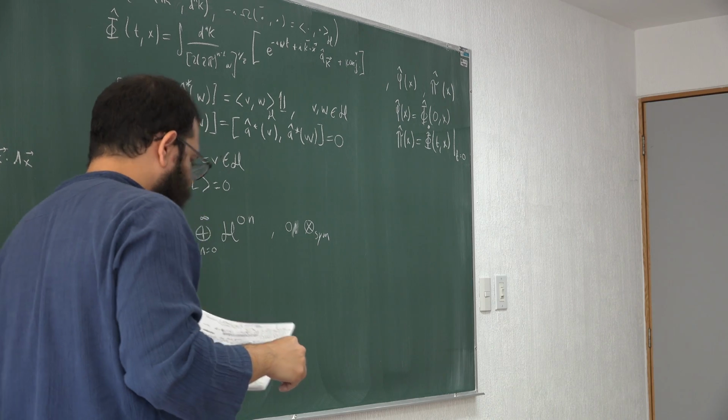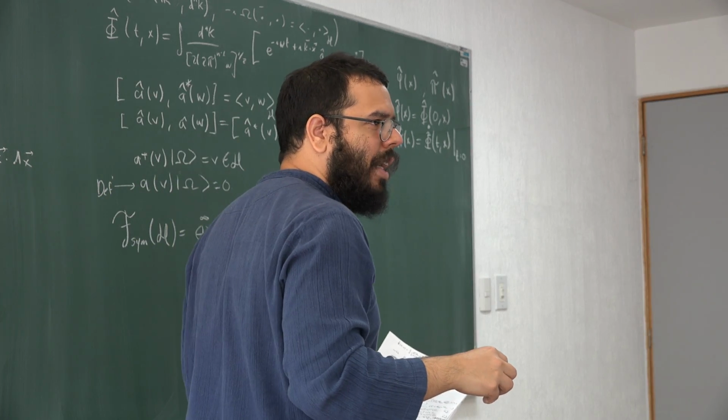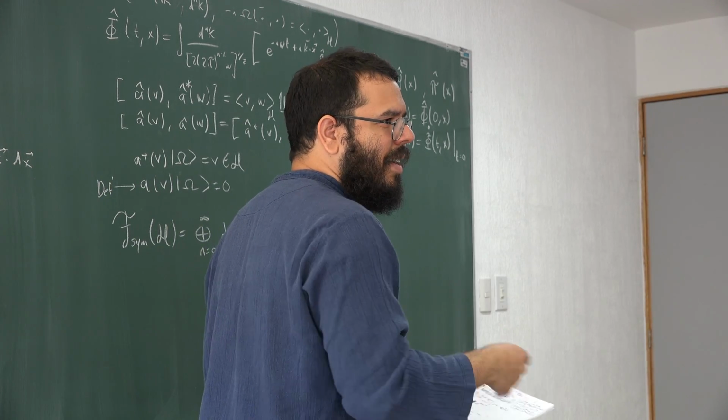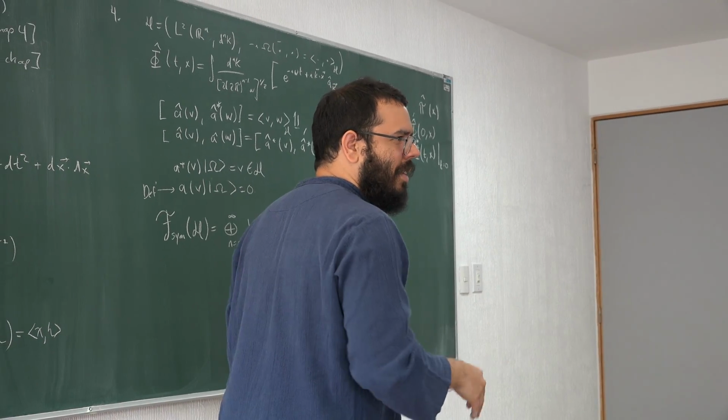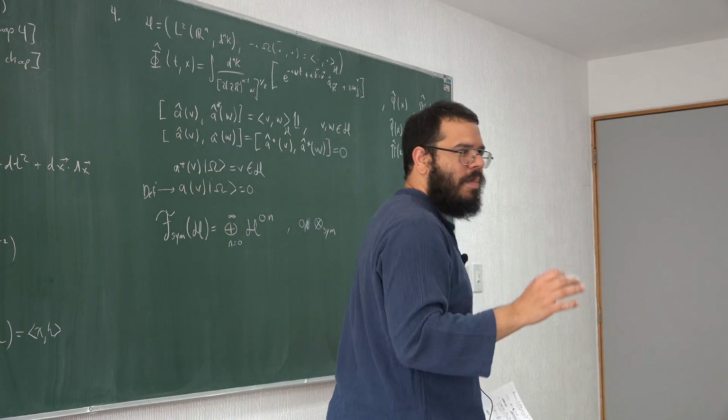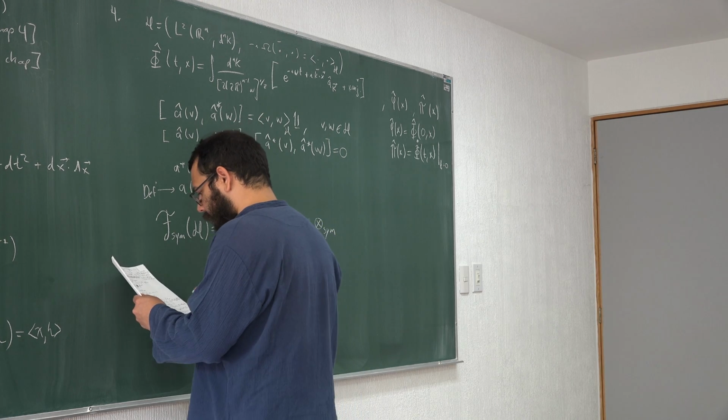Okay, and I was supposed to tell you how the annihilation and creation operators act on the Fock space, and I got all my constants and factors wrong because I didn't remember how they went. So I went and checked.